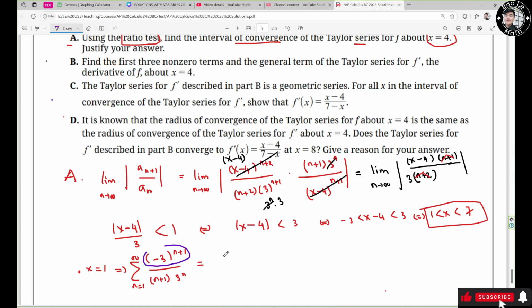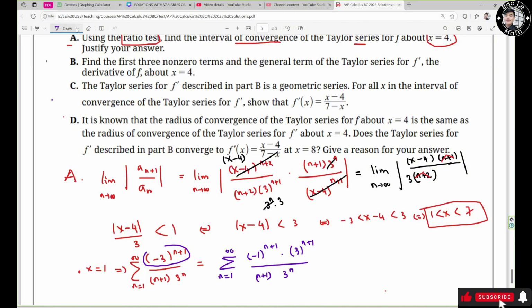So it's going to be the sum of negative 1 raised to the n plus 1 times 3 raised to the n plus 1 over n plus 1 times 3 raised to the n when n goes from 1 to infinity, right?